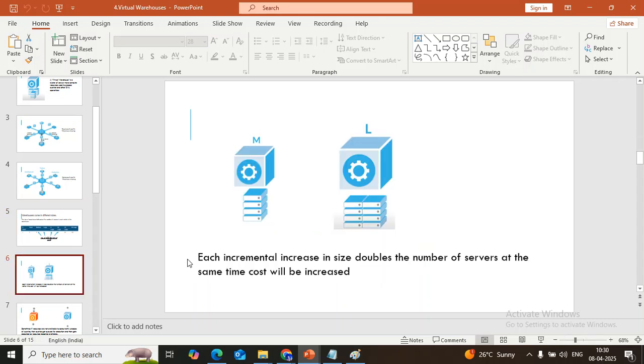Suppose our load increases, then we choose from small to medium, medium to large, depending on you. At the same time, cost will also increase.